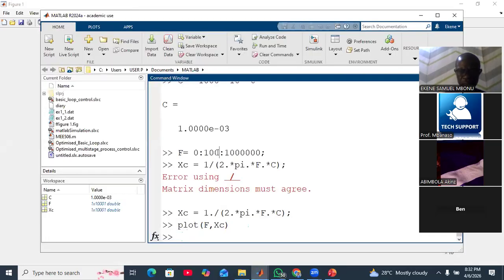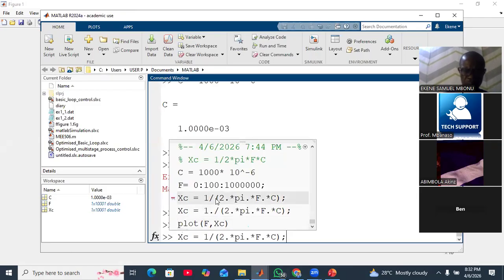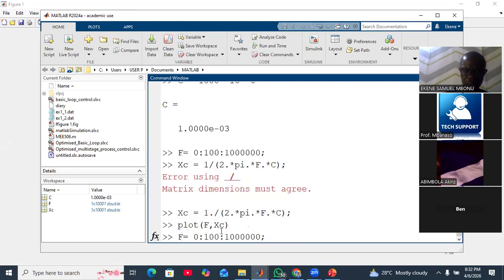Let me change this range. Probably we'll take a small range, 0.5, and let's leave this one at 20.